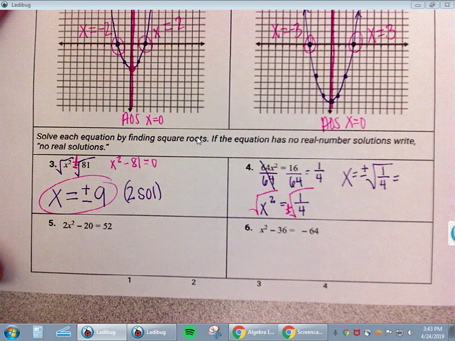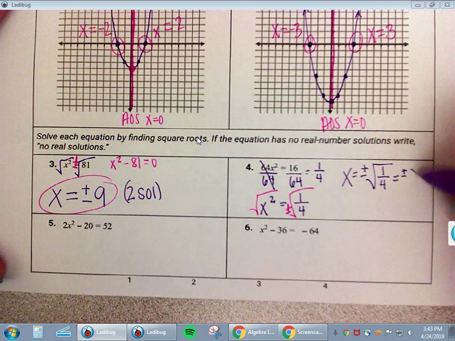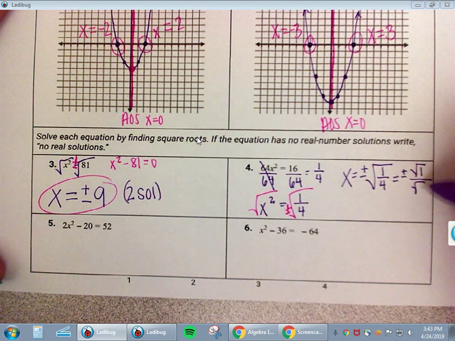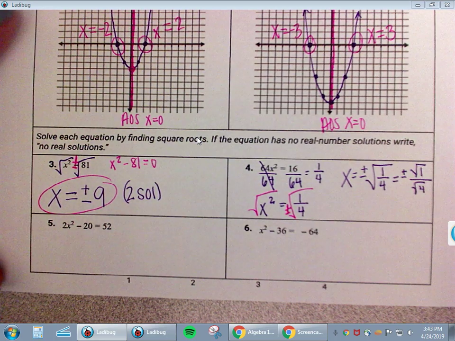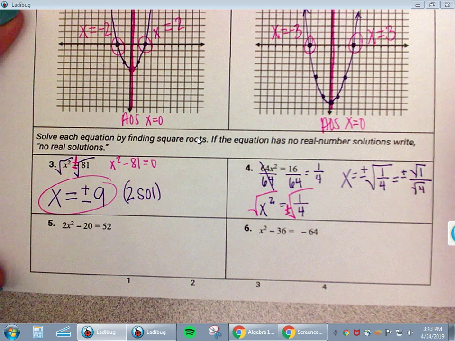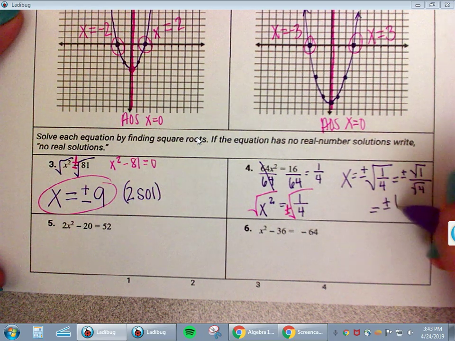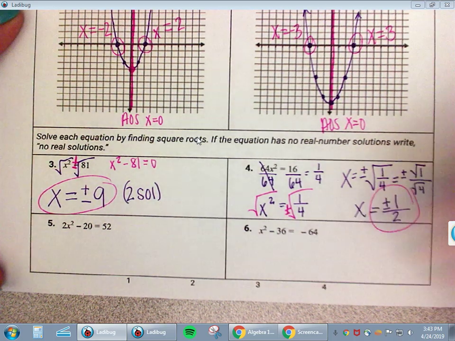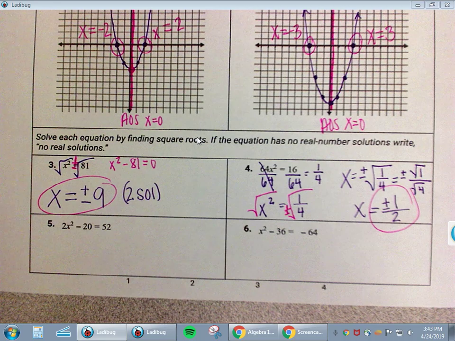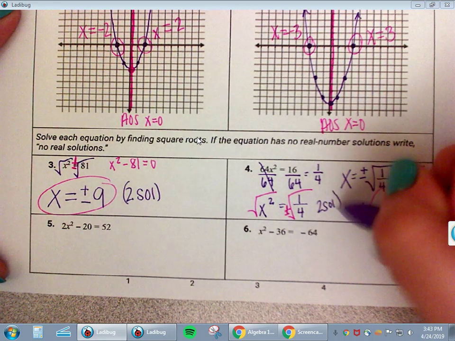Well, we just got done with our radical unit, so hopefully you're feeling confident that you could do this, distribute that radical to top and bottom, and then do a little bit of simplifying. Square root of 1 is 1. Square root of 4 is 2. So we've got plus minus 1 over 2, so x equals positive or negative 1/2. So again, on this one, we had two solutions.